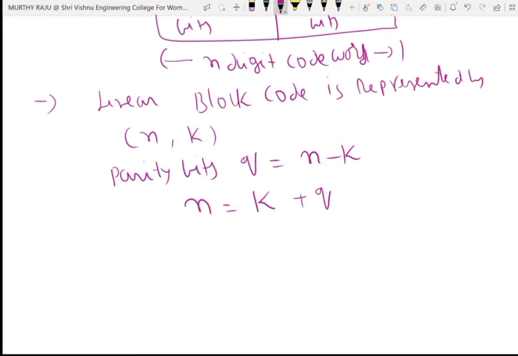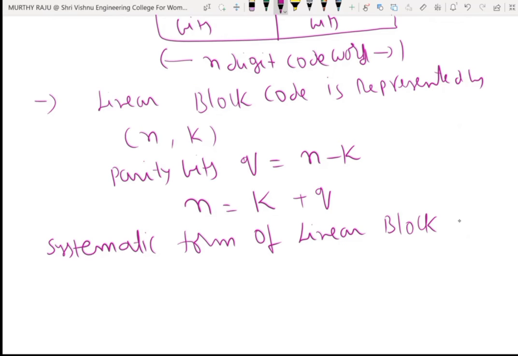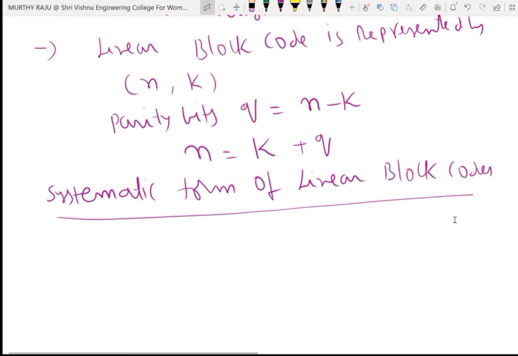Coming to the systematic form of linear block codes.